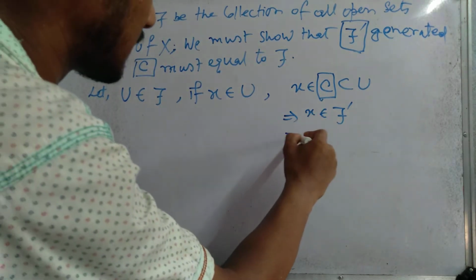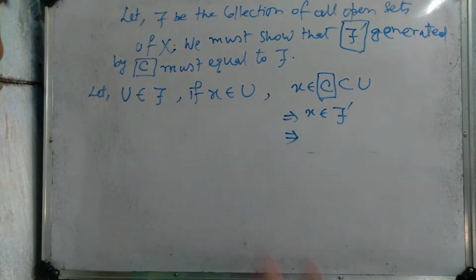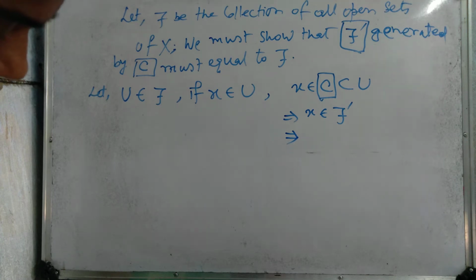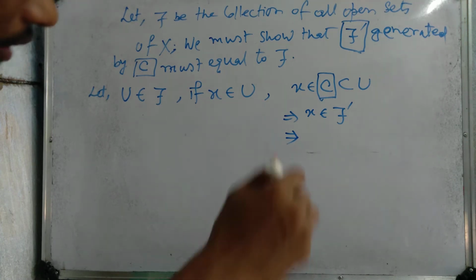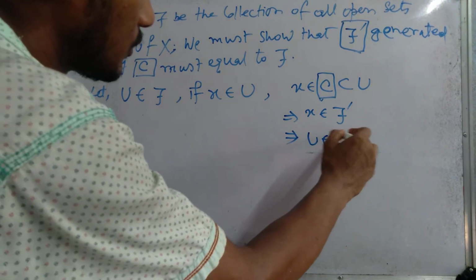This implies that U belongs to tau dash.